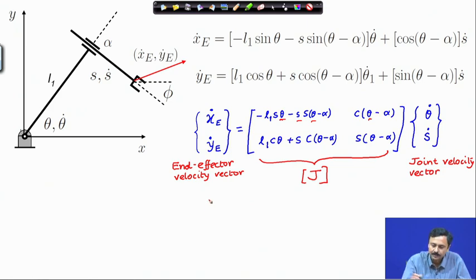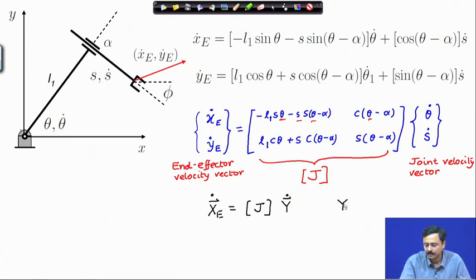So, we write this as the end effector velocity vector is Jacobian times the joint velocity vector.